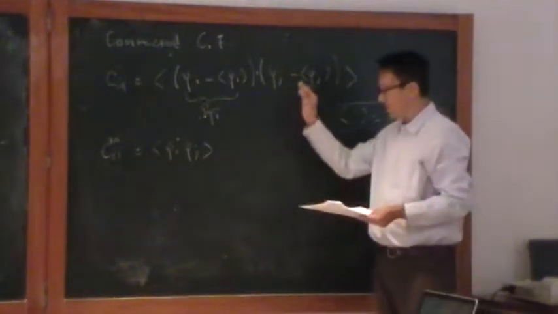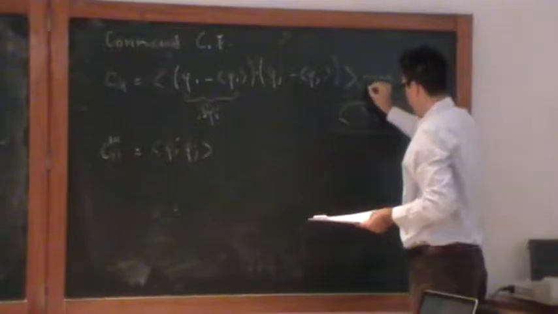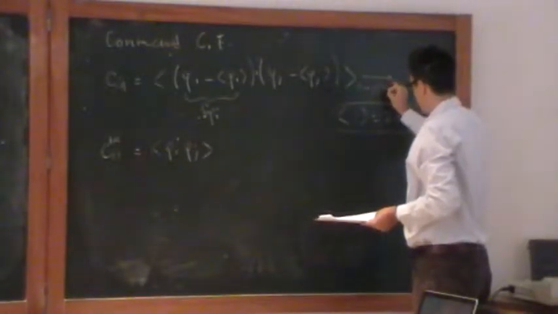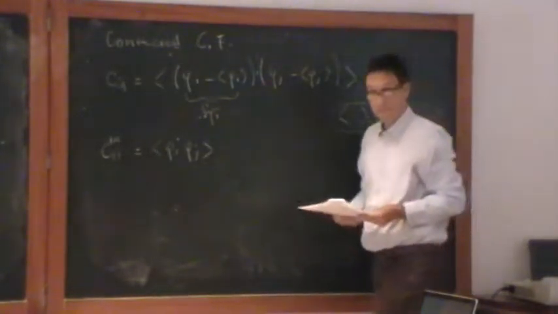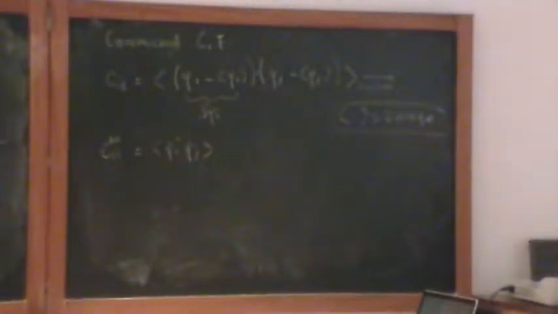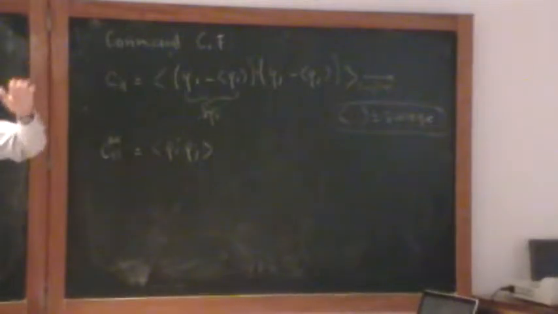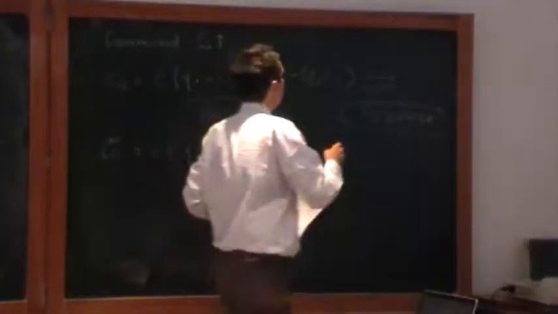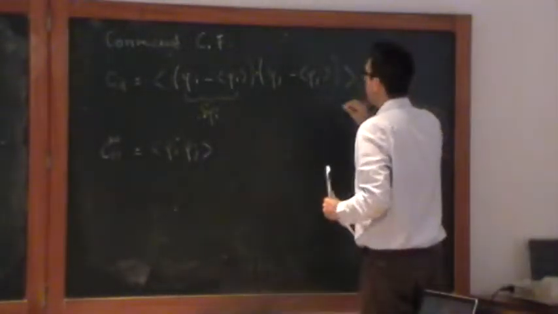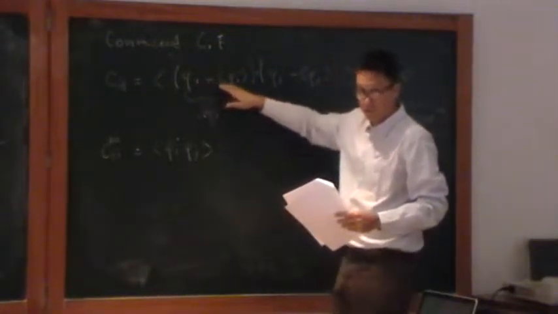So what is the crucial difference between these two quantities? If the distance between i and j goes to infinity, so the two particles are very far away from each other, then you can factorize the average. Correlation always decays to zero at infinite distance. So this goes to zero, because the average of each of these two pieces is zero, since you subtracted the average.